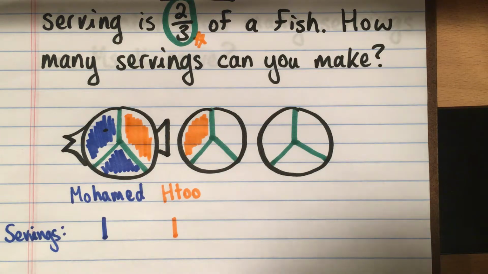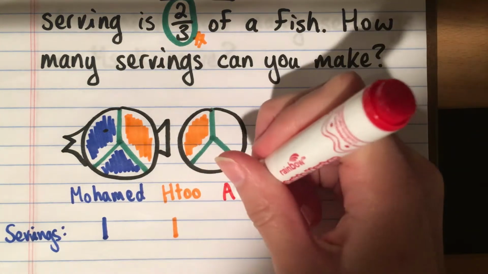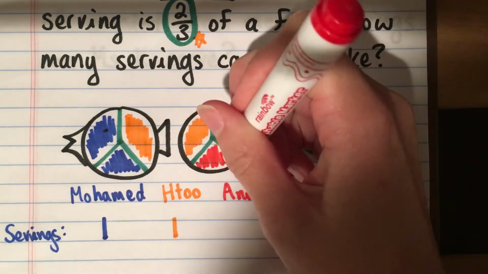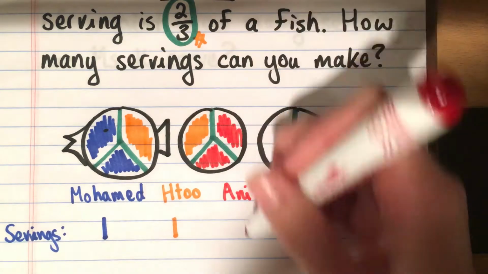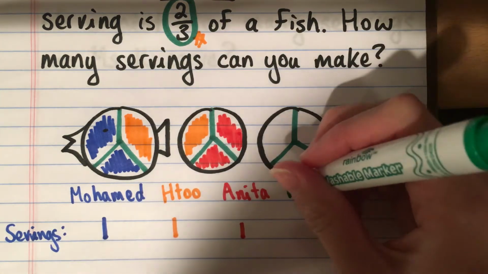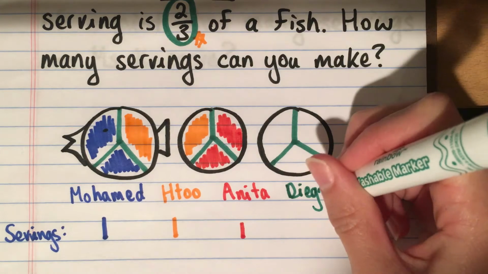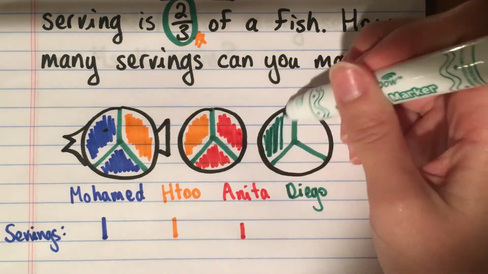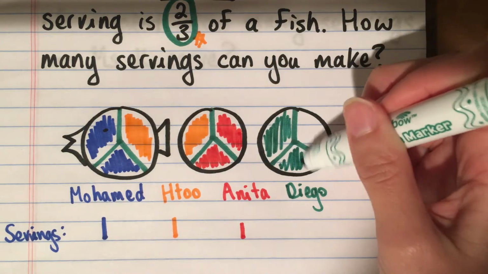Then we'll continue on with this style. Anita comes. Yes, we have enough to give Anita a full serving. And then, let's say Diego comes. We also have enough to give Diego a full serving.